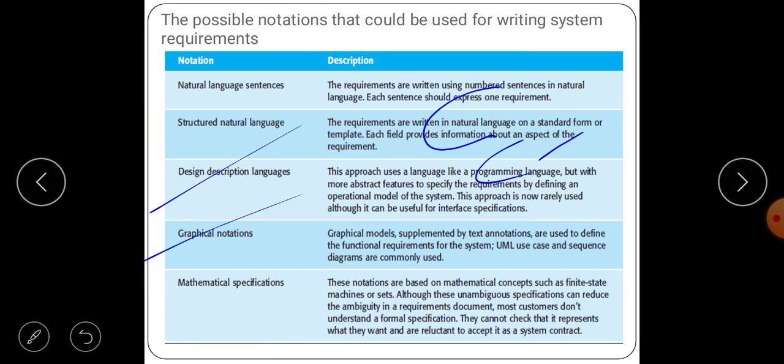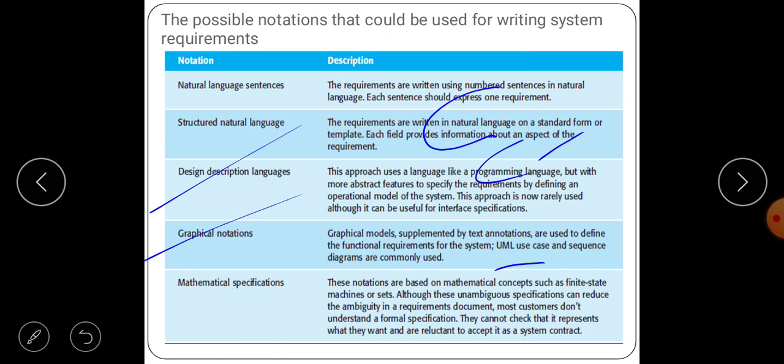We are using these graphical models to define the functional requirements of the system. Why is this graphical notation used? To define the functional requirements for the system. UML use case and sequence diagrams are commonly used.